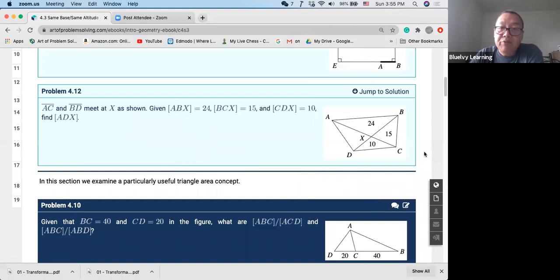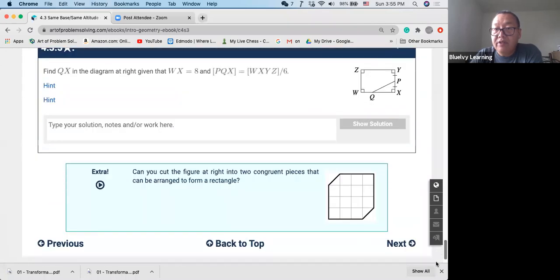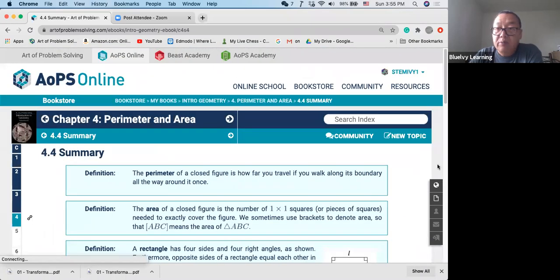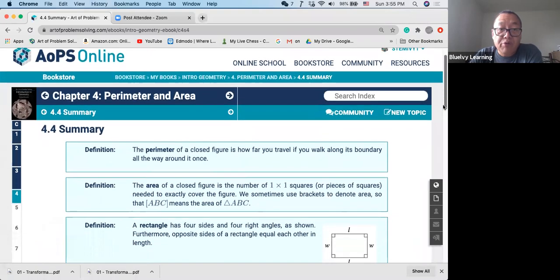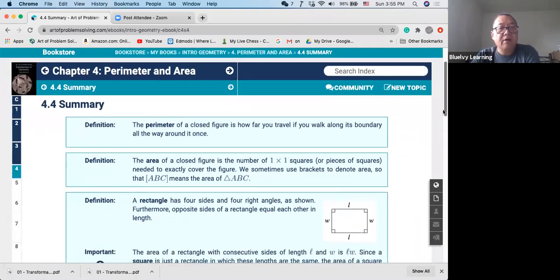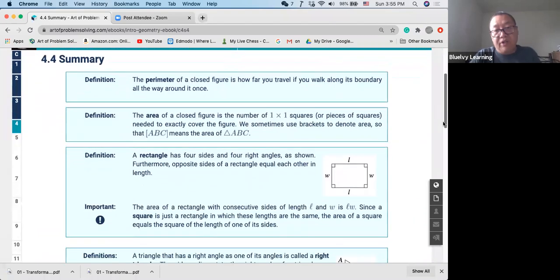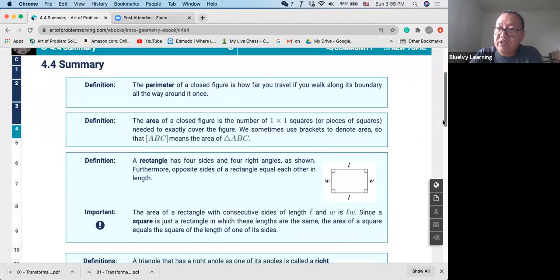So see, by this way, we finished this chapter. This chapter is very easy. You just learn two concepts, perimeter and area. Most students, I think, are already familiar with these two concepts.